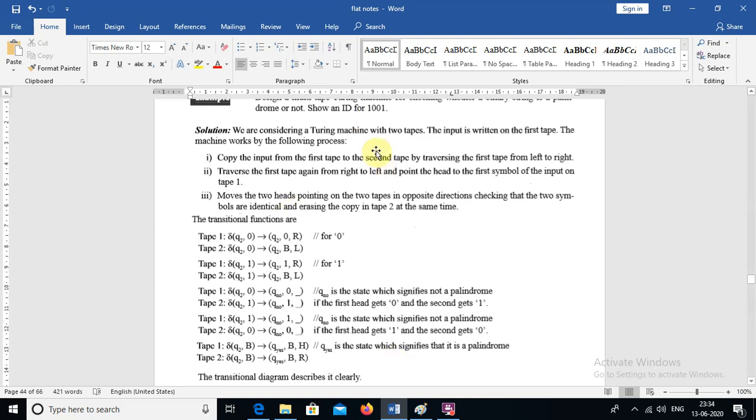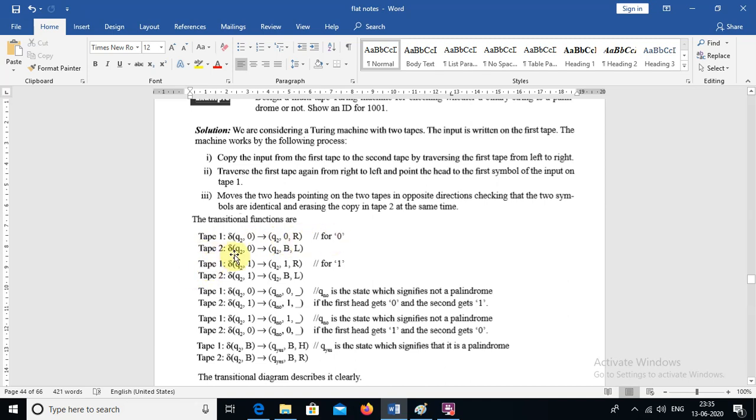Okay, this is the procedure that is actually shown in the ID. Okay, here some transition functions are also defined. So we are at the Q2 state reading the 0 value. If you are at the Q2 state and the input symbol is 0, then you stay in the same state. For tape 1, we have to stay in the same state, replace it with a 0, and move to the right.